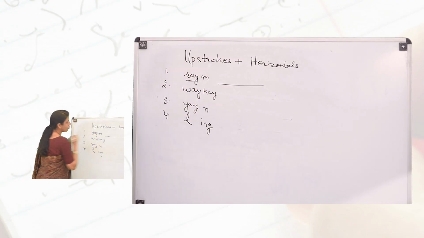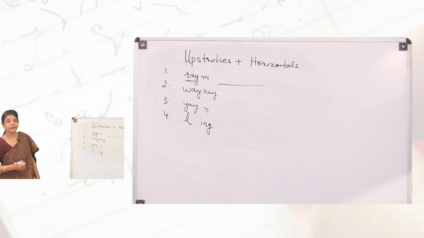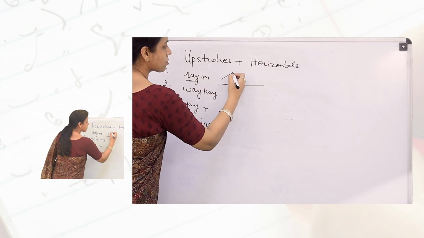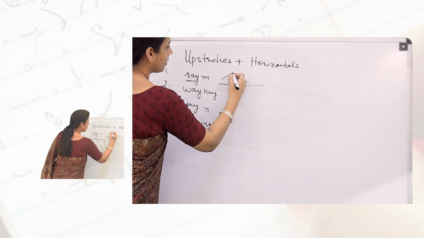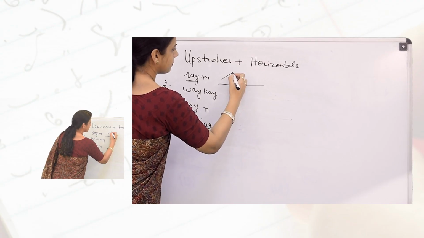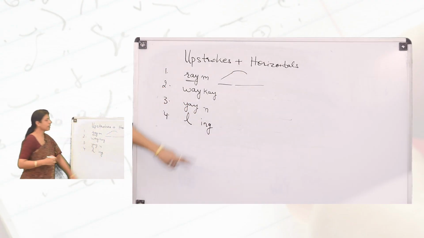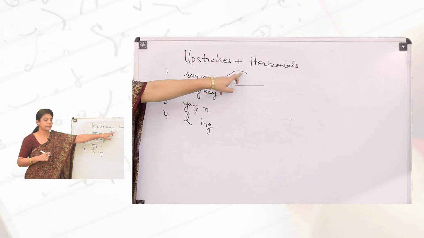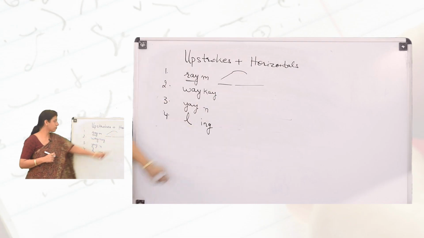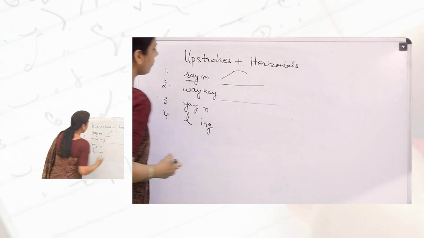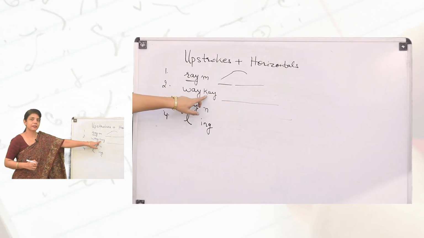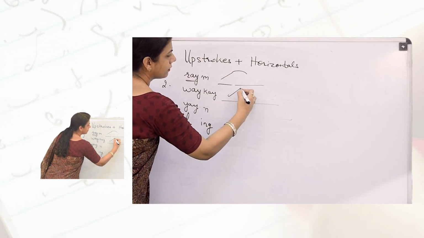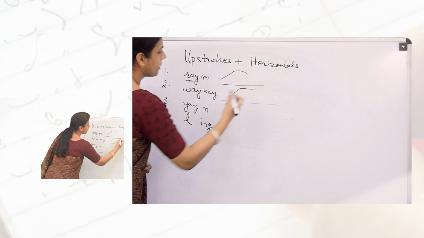Now the first upstroke will be above the line in case of first place. So Ray is an upstroke, from bottom to top. Wherever Ray ends, M begins. So this is the joining of Ray and M at the first place. Next is Way and K. Wherever Way ends, K begins.